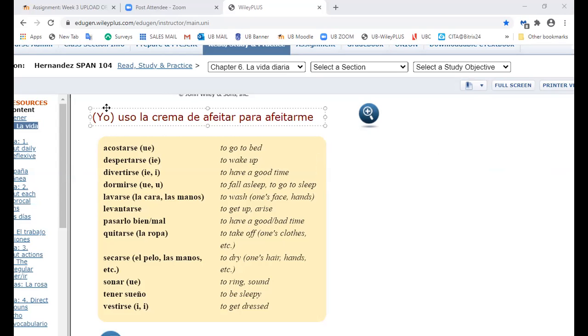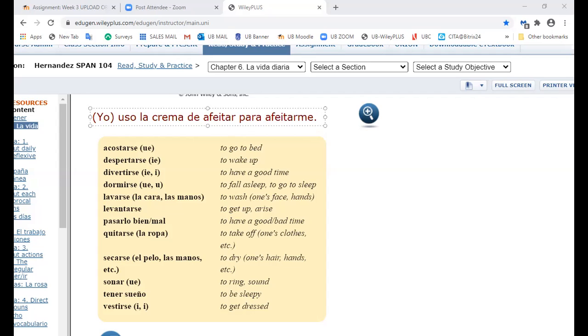So in this case, he's saying I use the shaving cream to shave, in order to shave, or for the purpose of shaving. But you notice you don't use shaving as in the same way we use the ing in Spanish, because we would have had to have estar in front of that ing equivalent in Spanish. You understand what I'm saying?